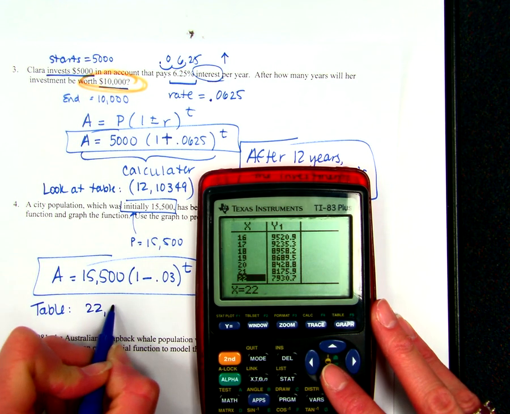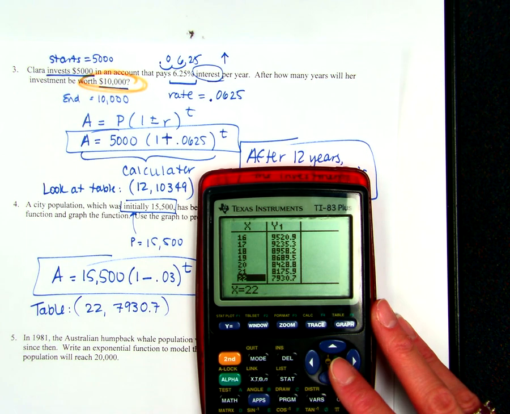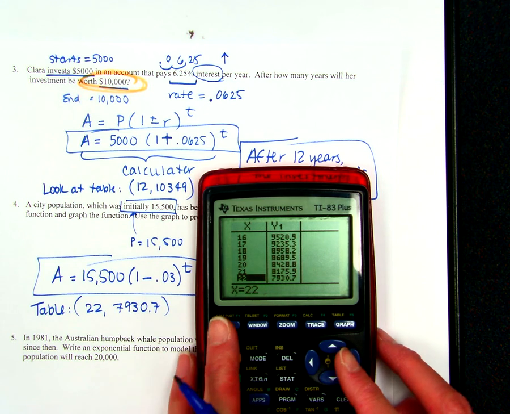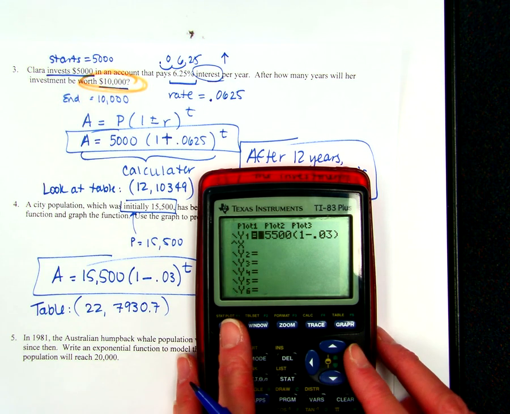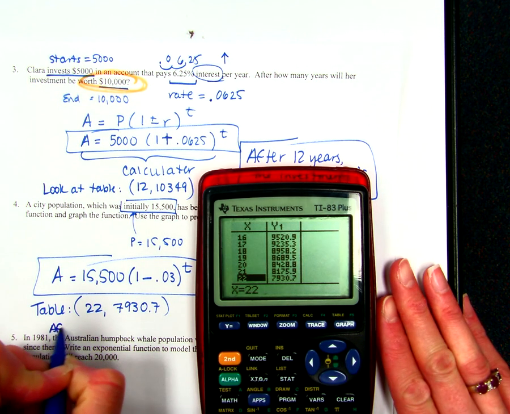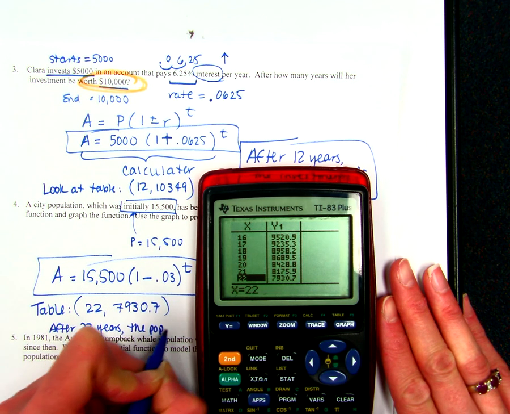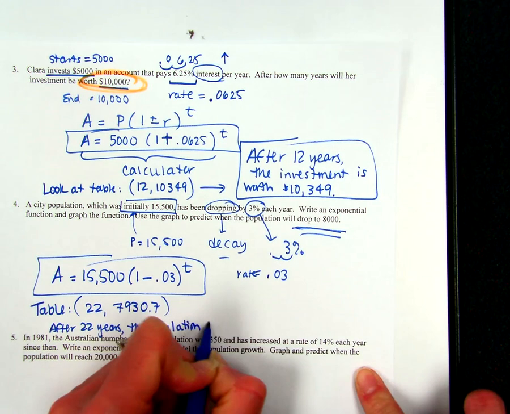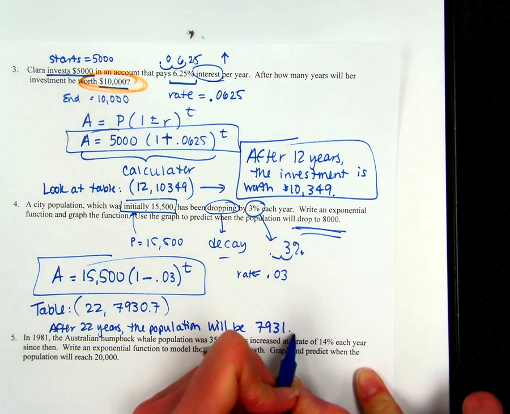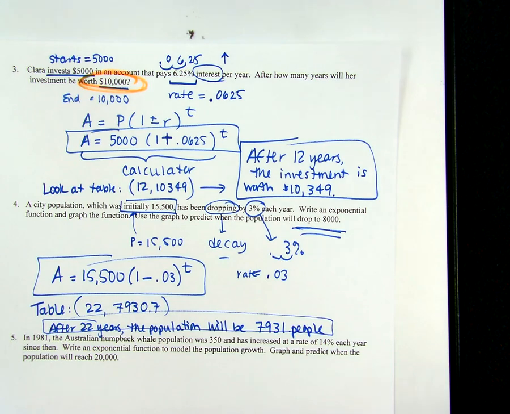So if I look at 22, 7,931, that tells me what it's going to be. All right, after 22 years, the population will be 7,931 people. Now notice that I didn't say 0.7 because you can't really have 0.7 people.